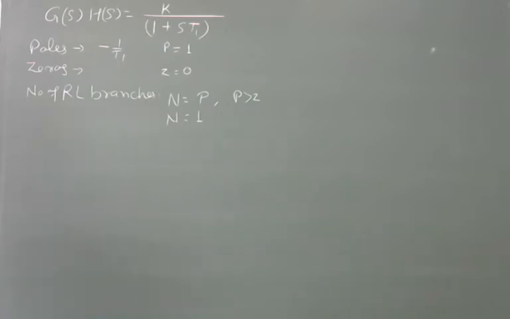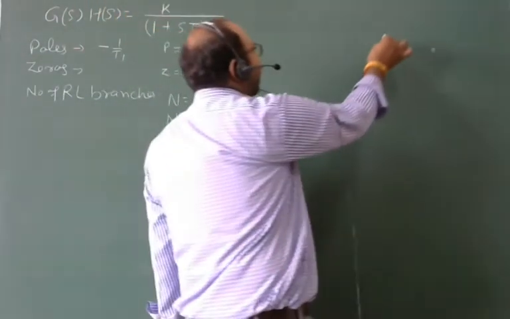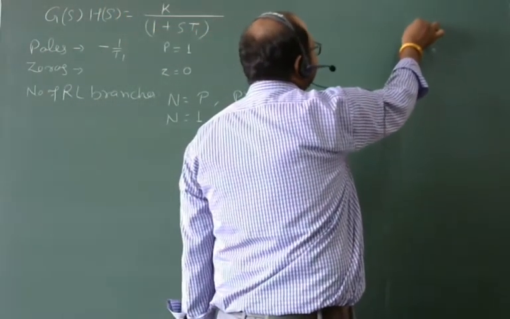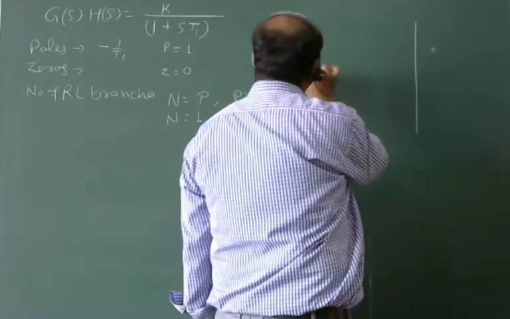Now, what is the next step? Plot the poles and zeros in the s plane.